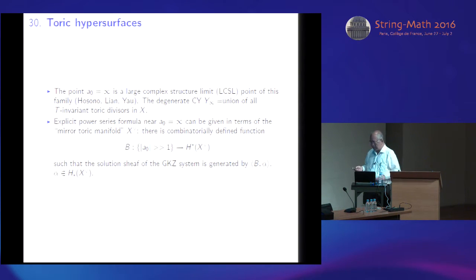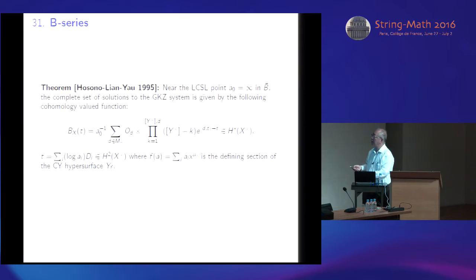So let me more precisely define what B is. This was due to Hosono, Lian, and myself in 1995. So near the large complex structure limit, a_0 equal to infinity, a_0 is defined here, the complete set of solutions to the GKZ system is given by the following cohomology level function.